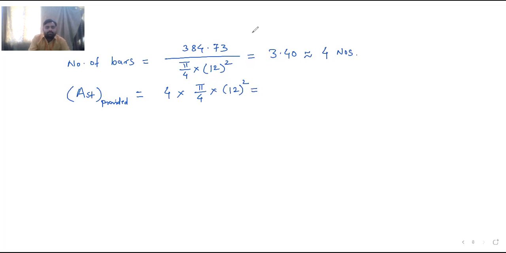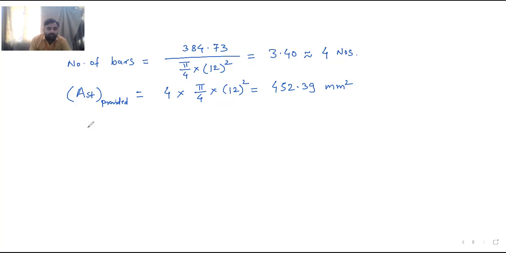So let me know the answer. 452.39 mm square. This is the AST provided.